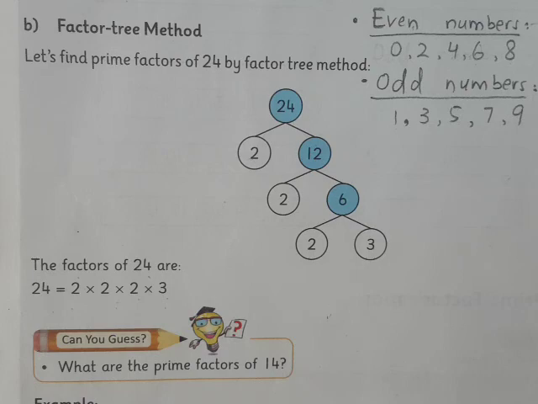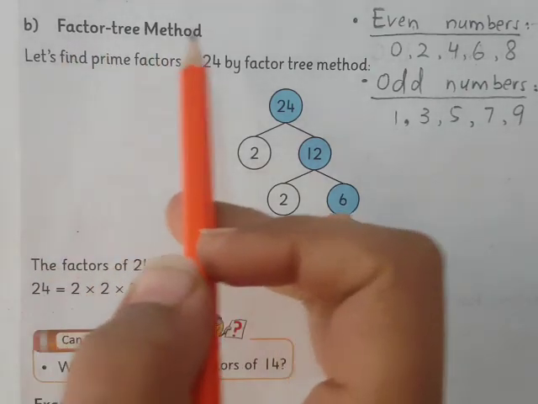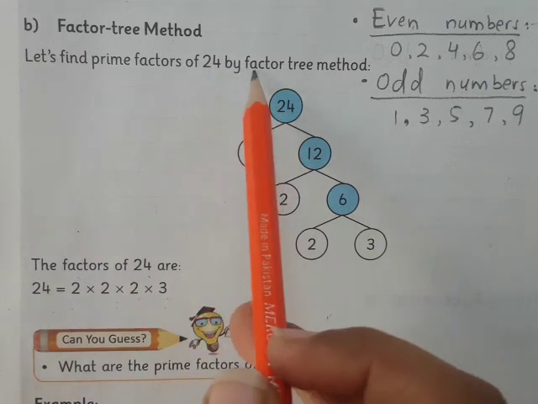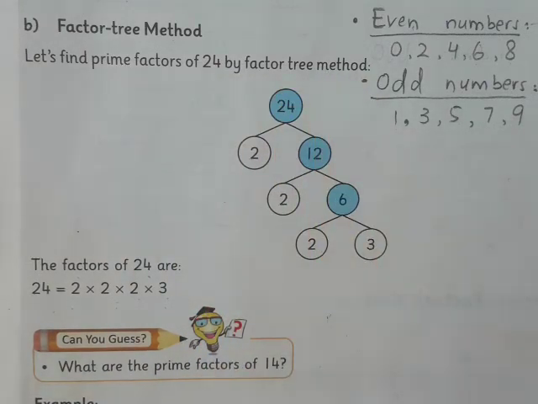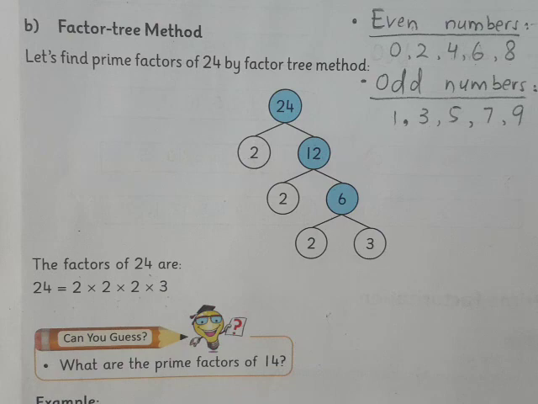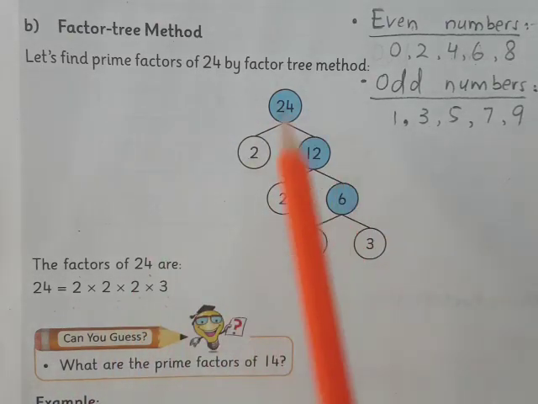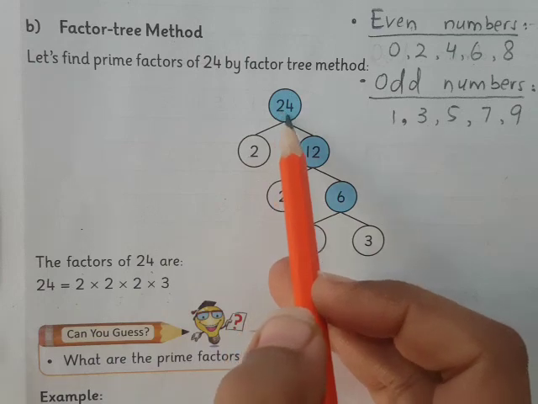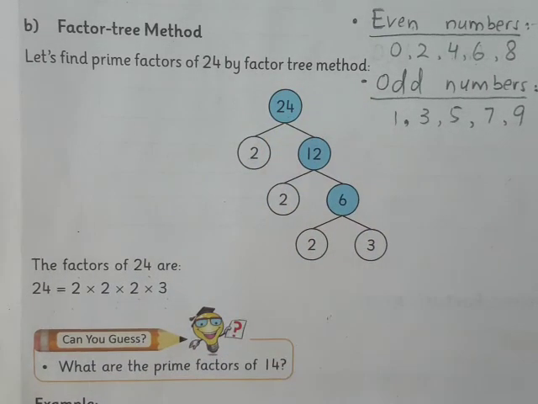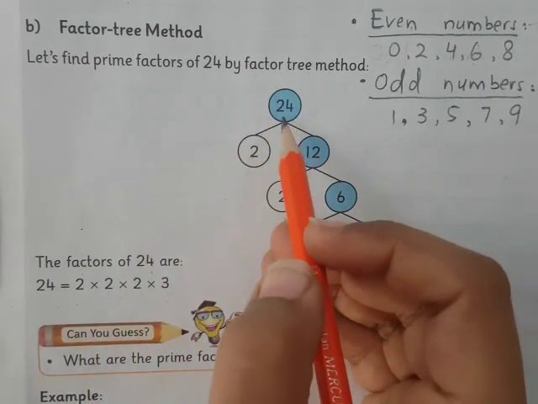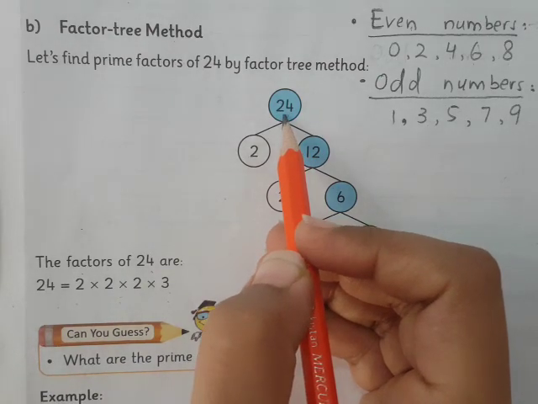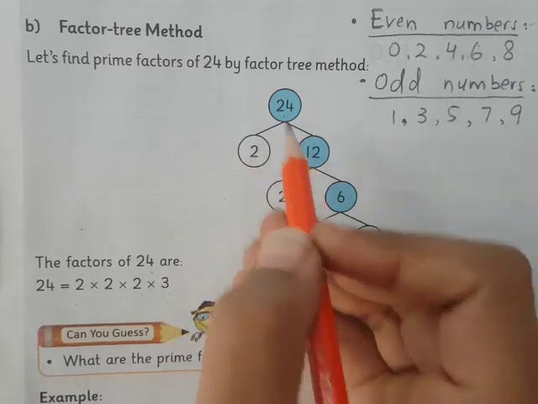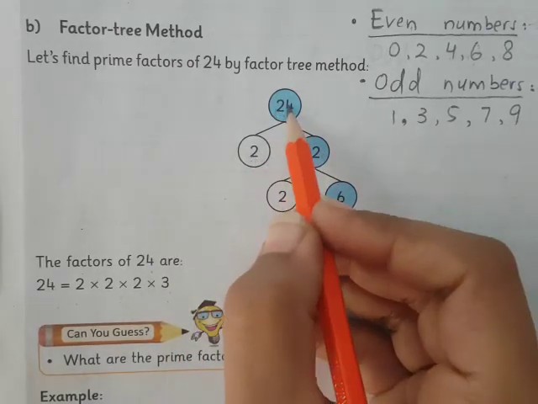Okay, now let's move on to the next method, that is factor tree method. Let's find prime factors of 24 by factor tree method. Look at this figure. This is called a factor tree. First, see, the number 24 is an even number, so it can be divisible by number 2. 2 1s are 2, 2 2s are 4.